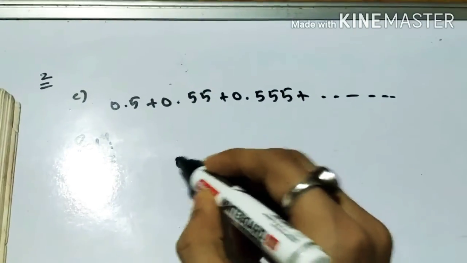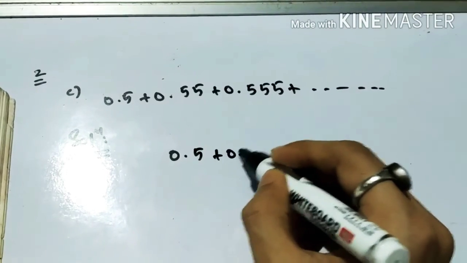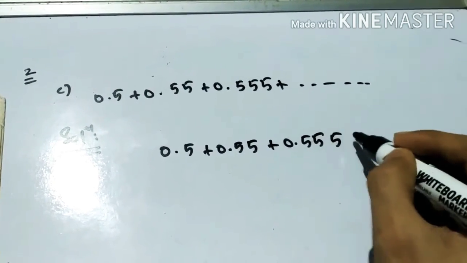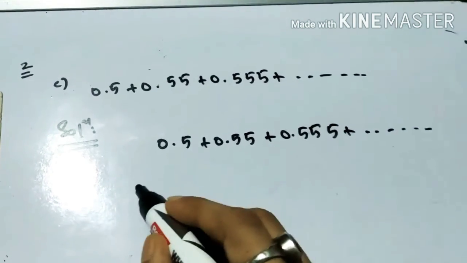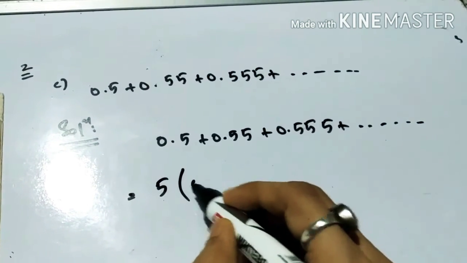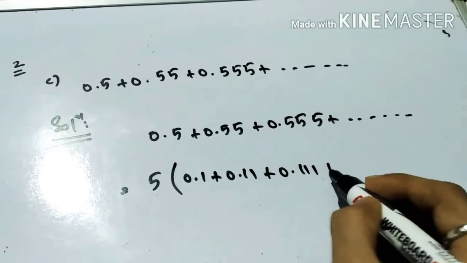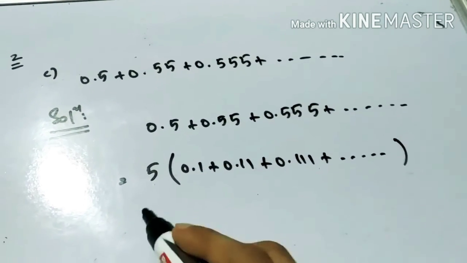So this is your 0.5 plus 0.55 plus 0.555 plus dot dot dot. From here I will take 5 common: 0.1 plus 0.11 plus 0.111 plus dot dot dot.